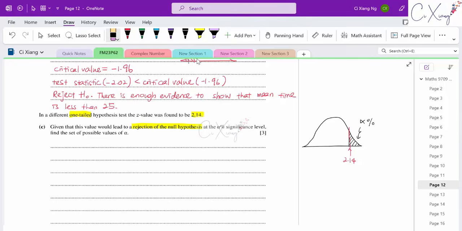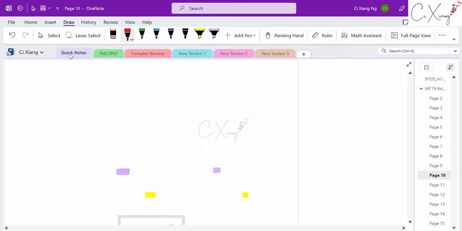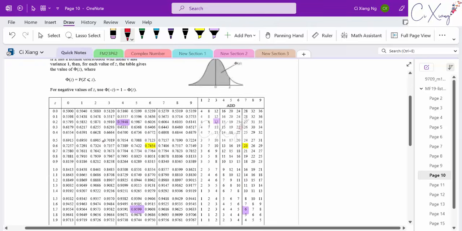To find the value for alpha, definitely I need to find out this particular region here, right? What is the area for this region? So we are interested to find out the probability of Z greater than 2.14. To get the value for Z greater than 2.14, I need to take 1 minus the Z smaller than 2.14 area.